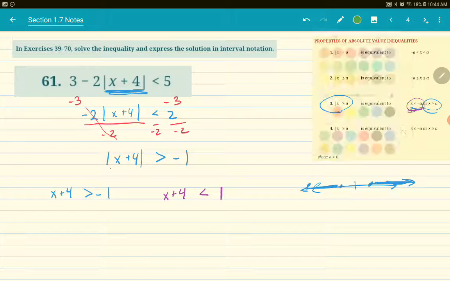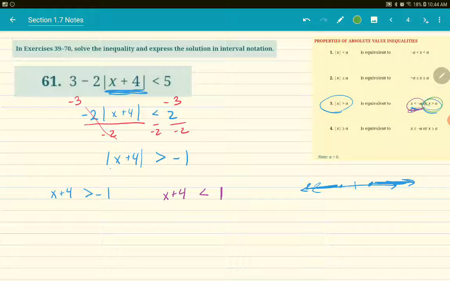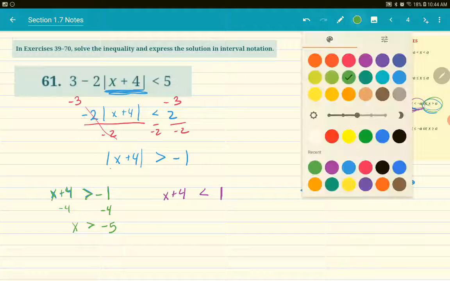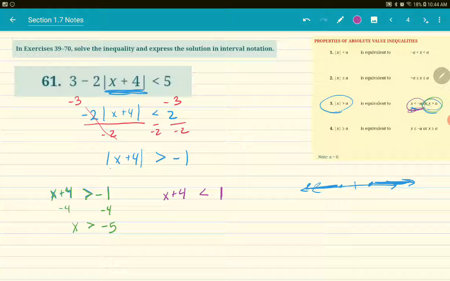I'm going to change this one to green: x plus 4 greater than negative 1. In solving that, I just subtract 4 from both sides to get x by itself, and I get x is greater than negative 5. And on the flip side, I get negative 4, subtracting 4 from both sides to isolate the x, I get x is less than negative 3.